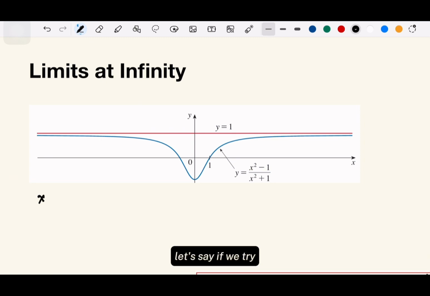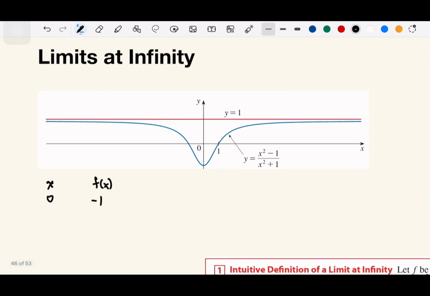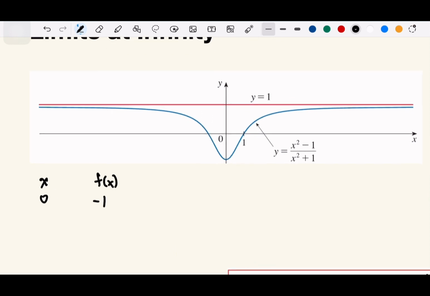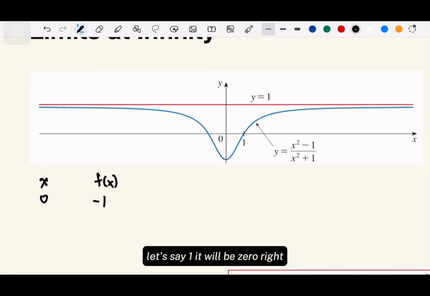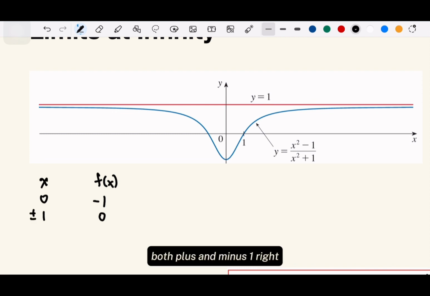So you could try for some x. Let's say if we try 0, f of x is just -1, right? And then if we try, let's say 1, it will be 0, right? Both plus and minus 1, because both sides are symmetrical.